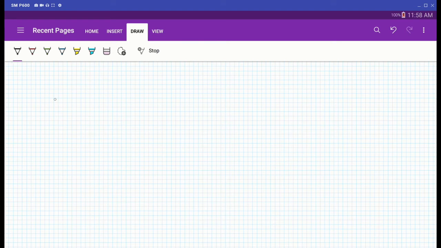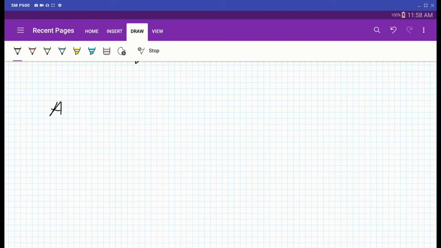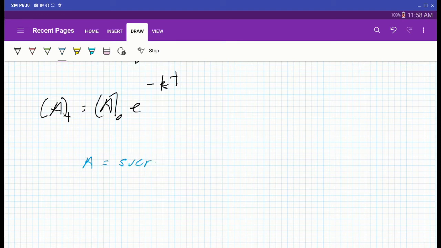So the equation that you're working with is that concentration as a function of time is equal to the initial concentration times e to the minus kt. To make my life easy, I'm going to say that A is sucrose, rather than writing sucrose out or using the chemical formula. And the initial concentration of sucrose is 0.30 moles per liter.